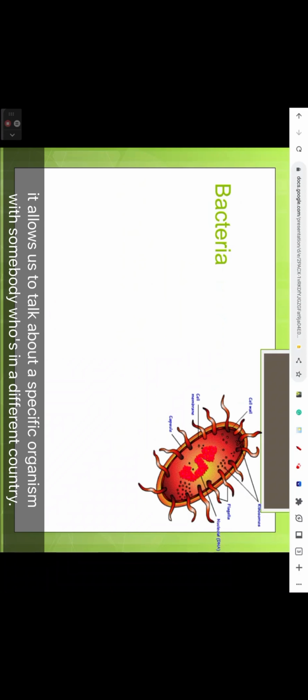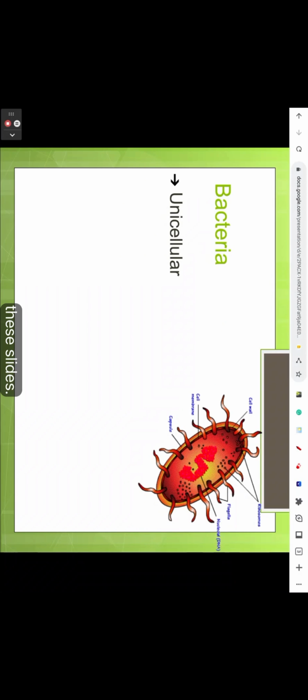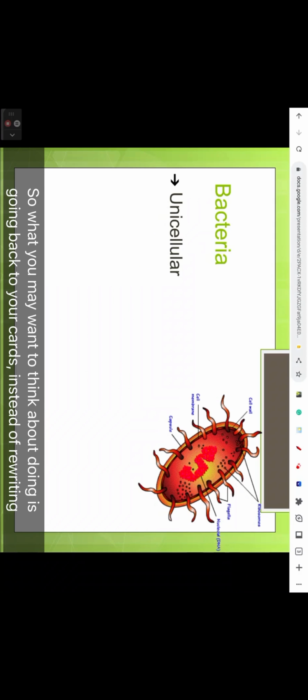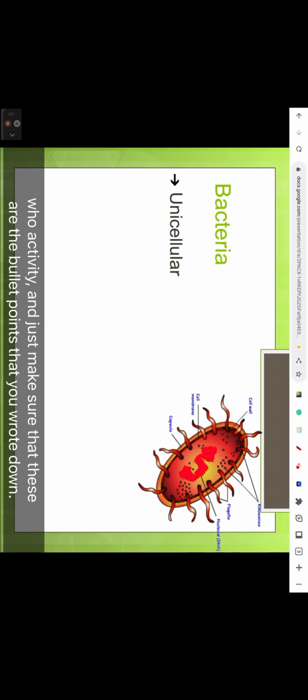All right, these groups should look pretty familiar to you, as do many of the things on these slides. So what you may want to think about doing is going back to your cards instead of rewriting everything on these next sets of slides. I would go back to what we did in the Who's Who activity and make sure that these are the bullet points that you wrote down.